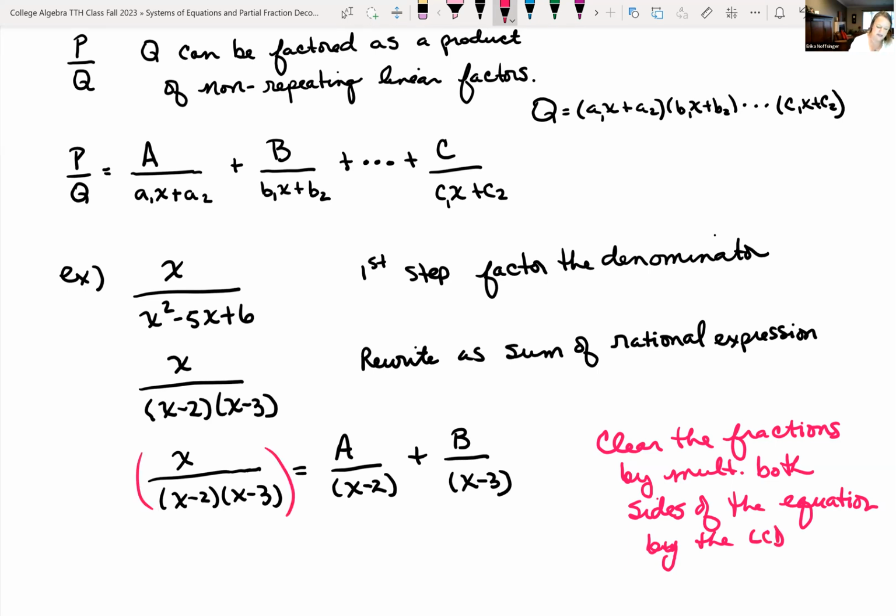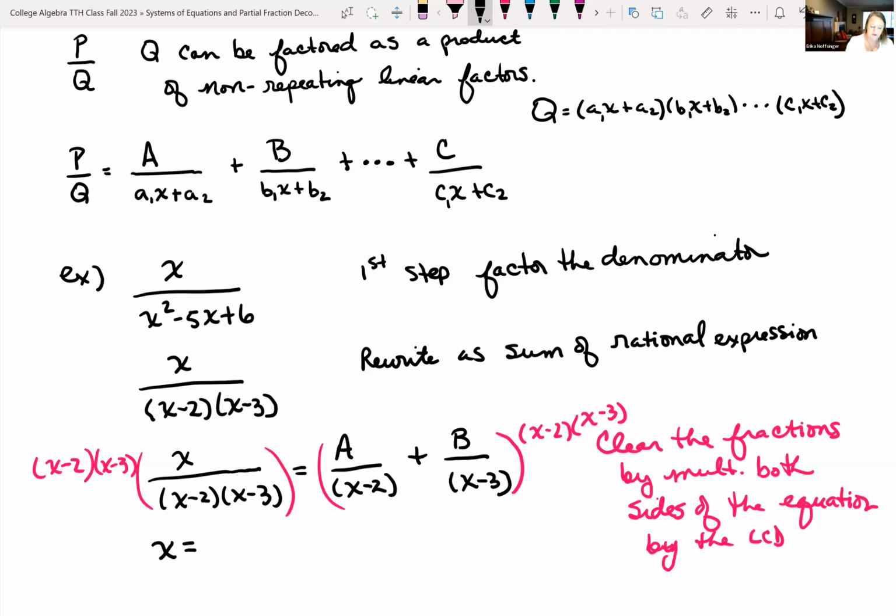So I'm going to multiply both sides of this equation by x minus 2 times x minus 3. It's always going to be how you factored that denominator. Notice when we multiply on the left-hand side, we're just left with our numerator, x.